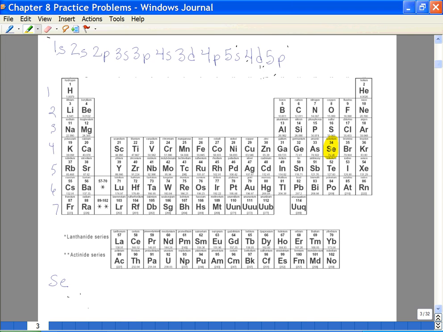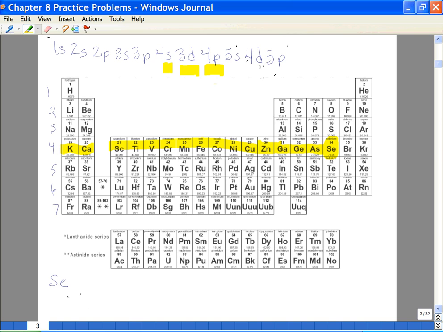So therefore, we can look at the position that it's in and know that period 4 has the s electrons filled. It has the 3d electrons filled. And then we're going to continue over. So the last orbital that's filled here is the 4p. Like I say, this is how we use the periodic table to do this.